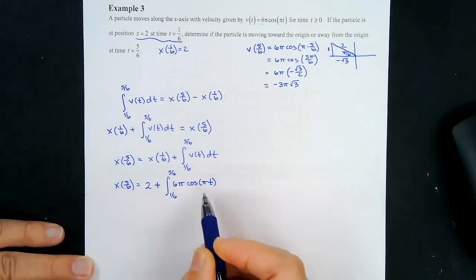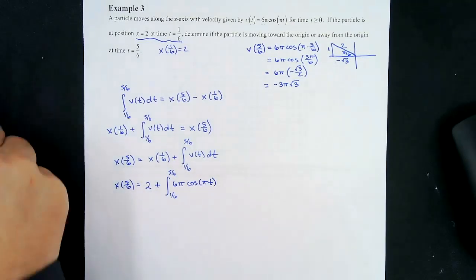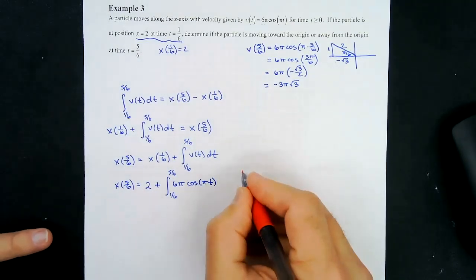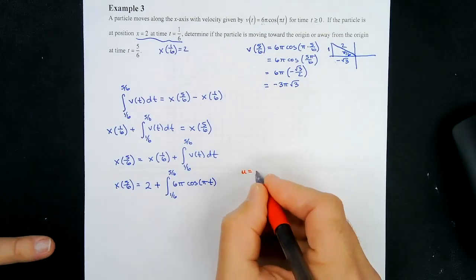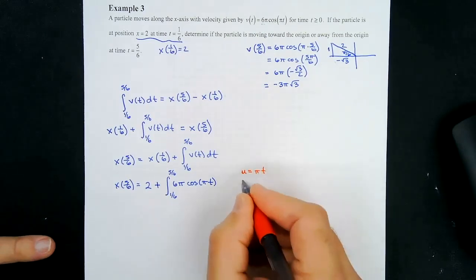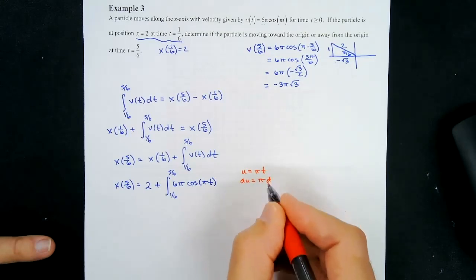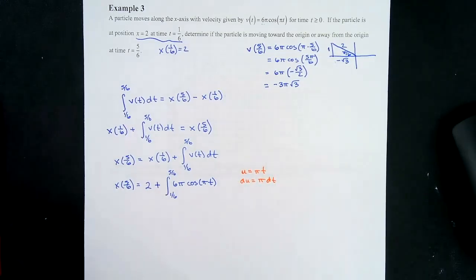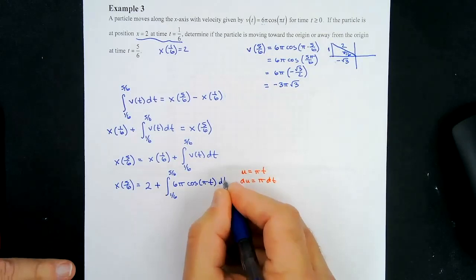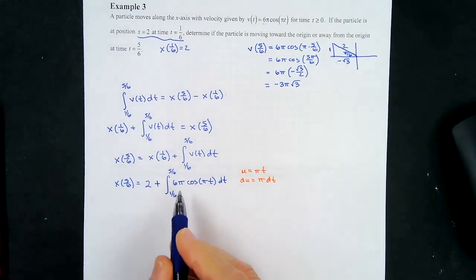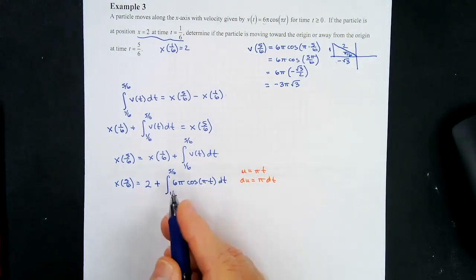All right. So if we let this be our u, pi t, then du would be equal to pi dt. And I forgot my dt right here. Need to write that. Okay, so this 6 can now come out.